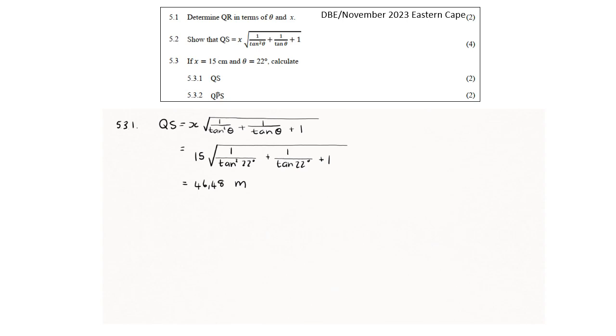Then we also have to determine angle QPS. Angle QPS is in triangle PQS, and if we determine tan of angle QPS, it's equal to the opposite side, and that is QS, divided by the adjacent side, PQ, but the length of PQ was given as x. And now we put the values into the equation.